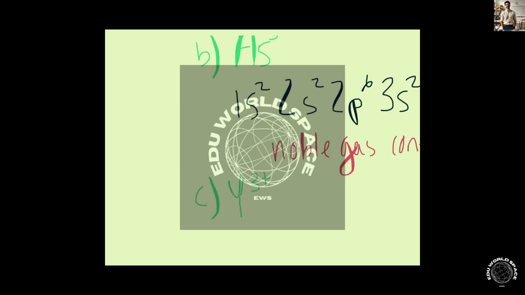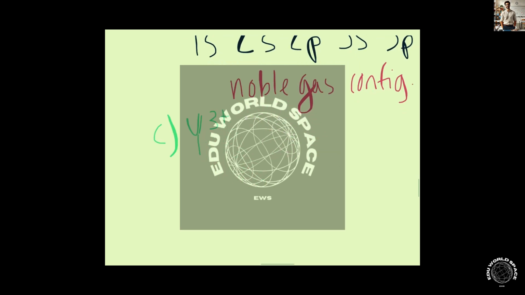Okay, so next we have yttrium with an ion that is a +3 charge, so it has lost 3 electrons. So let's go ahead and get started. We'll find it on the periodic table, atomic number of 39.